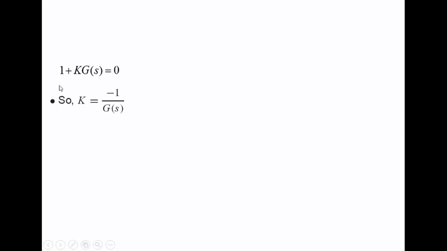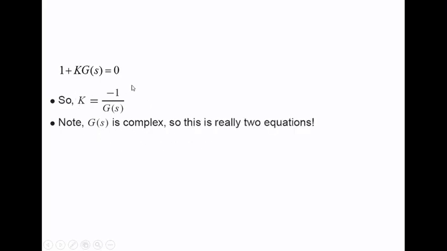So let's consider the characteristic equation that we were seeing so far, that is 1 plus kg of s equal to 0. So k is equal to minus 1 over g of s. From this equation I can write this very easily, and I know that this g of s is a complex thing, so I can say that this is not only a single equation, it is actually two equations. The first equation can be written in the magnitude form with these vertical bars, meaning that we are talking about the magnitude only, and we are writing the magnitude separately in a separate equation.